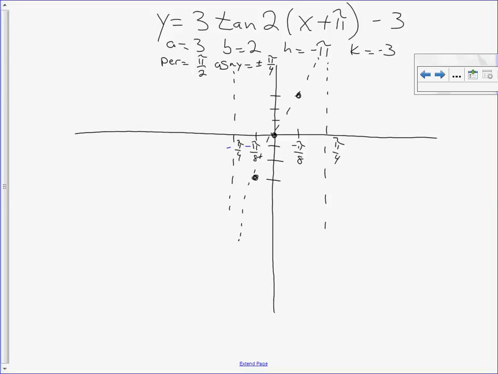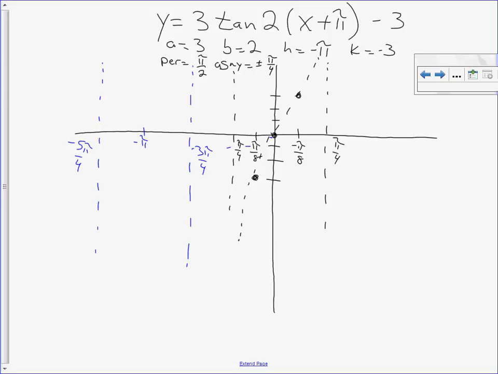Since I move everything to the left, instead of being at negative pi over 4, I'm now going to be at negative 5 pi over 4. Okay? Instead of being at pi over 4, I'm going to be at negative 3 pi over 4. I do that in my head. Do we agree? Instead of being at 0, I'm at negative pi.